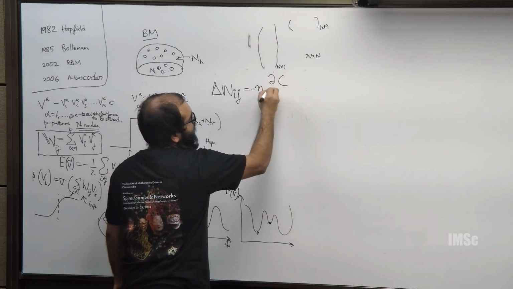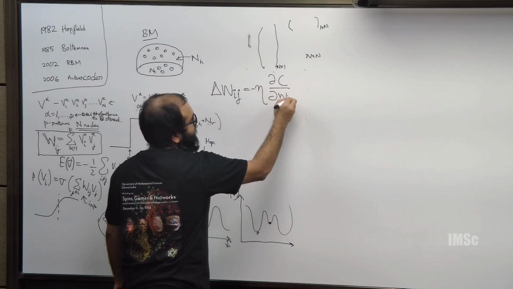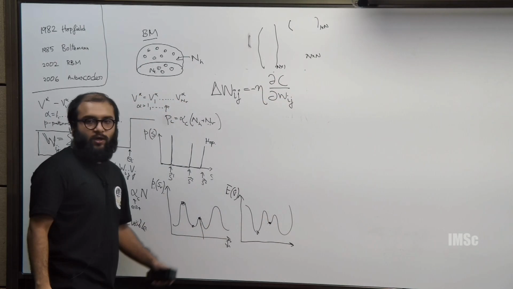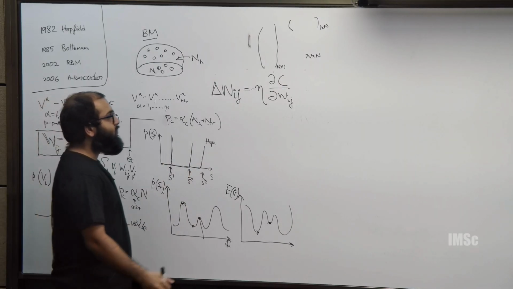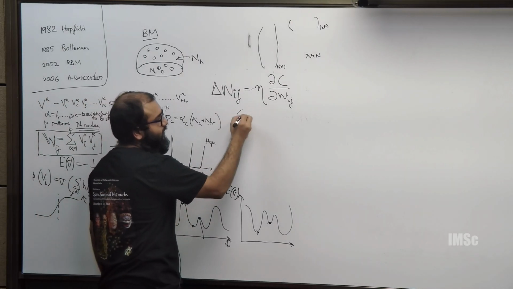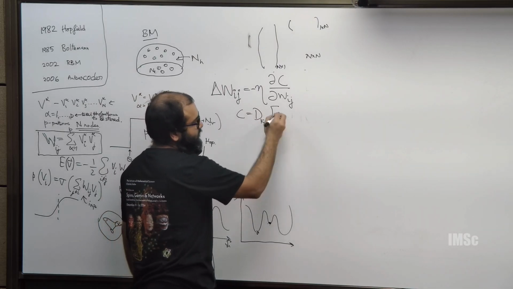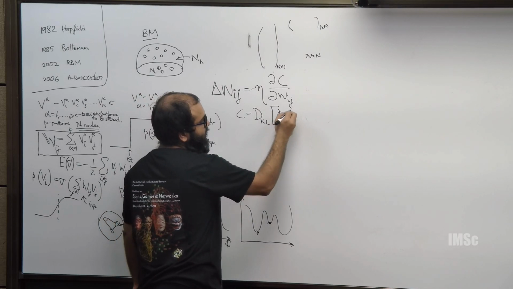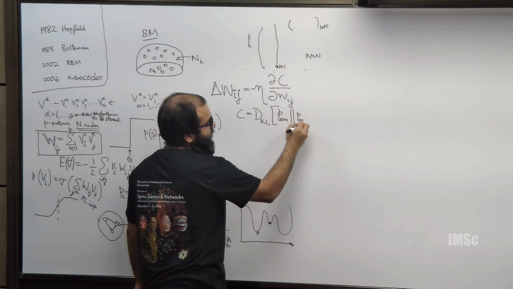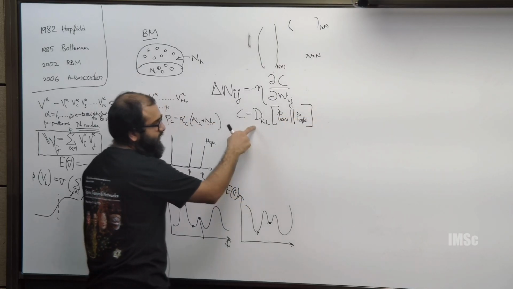So you change the W's in the direction of decreasing cost, and so what they proposed is to treat C as D_KL, the Kullback-Leibler divergence of P_env and P_eq(V). I'll say what these are. First, let's get what D_KL is.